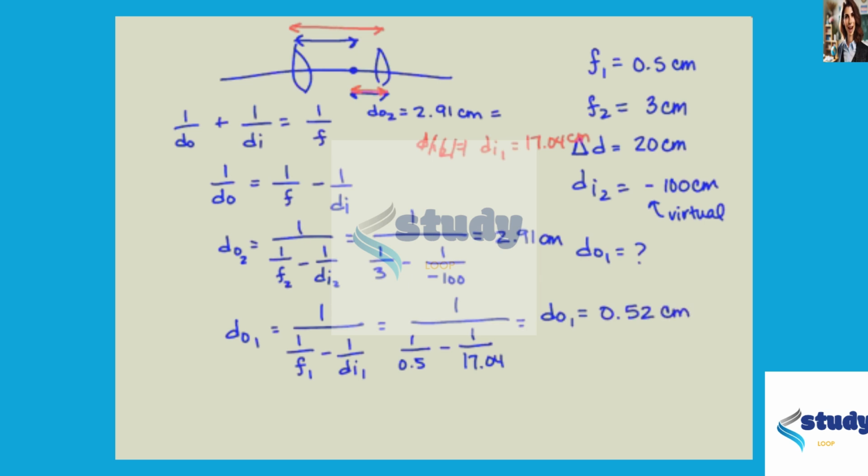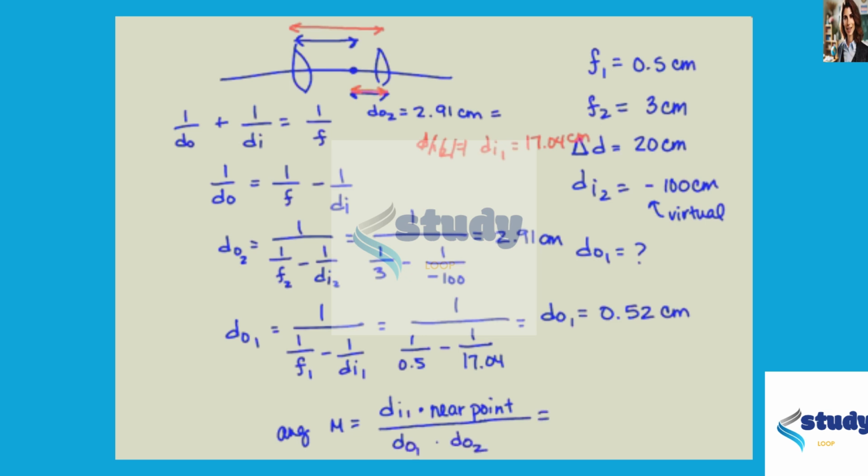For part B, it's asking for our angular magnification, assuming a near point of 25 centimeters. So our angular magnification is going to be our DI1 times our near point divided by DO1 times DO2.